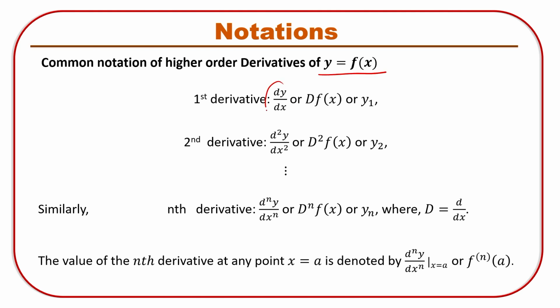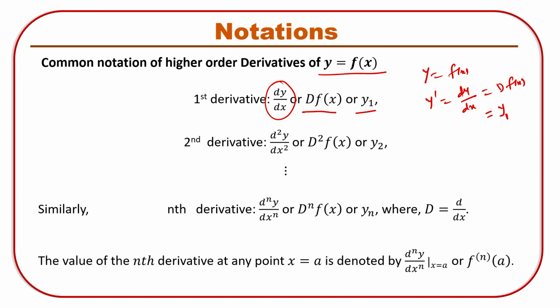The first derivative is dy by dx, or d of f(x), or y1. Sometimes we use y equal to f(x), so y dash is equal to dy by dx, or we can denote it as the derivative of f(x), and this can be written as y1, right.